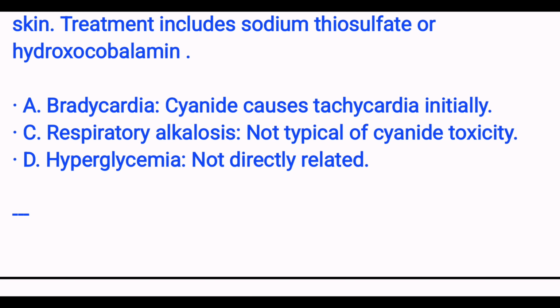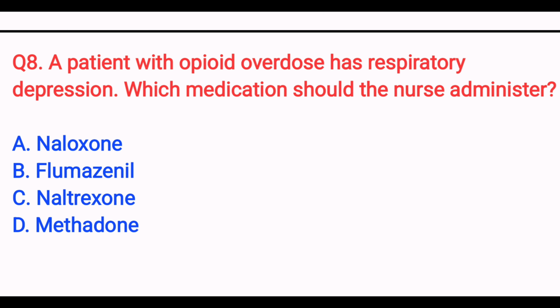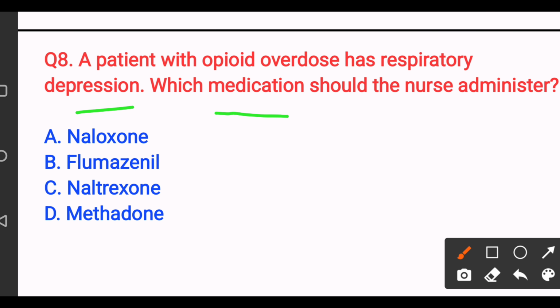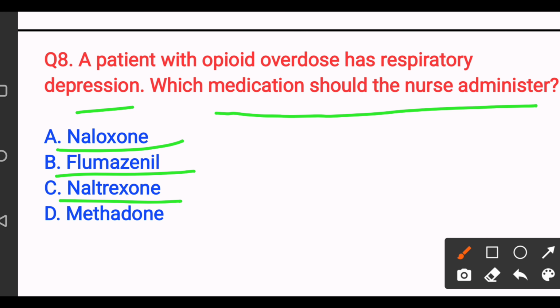Next, a patient with opioid overdose has respiratory depression. Which medication should the nurse administer? Option A naloxone. Option B flumazenil. Option C naloxone. Option D methadone.